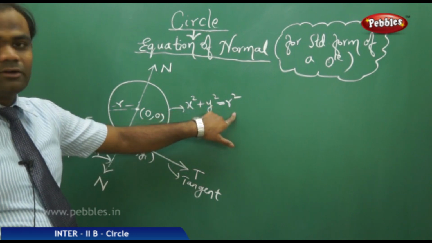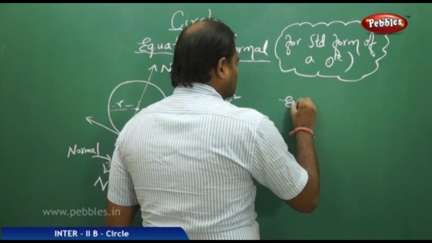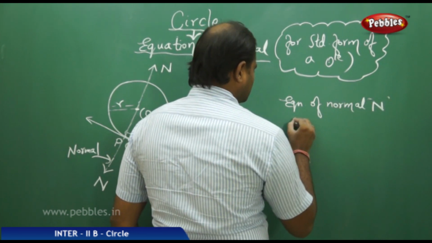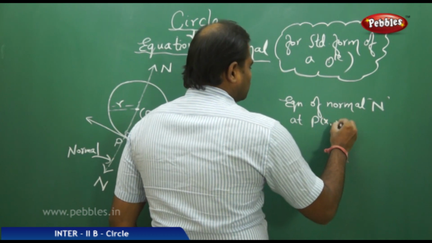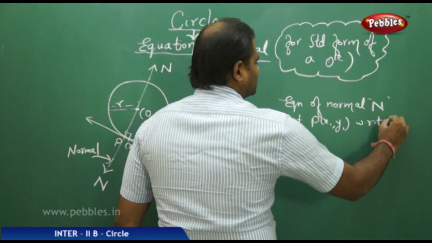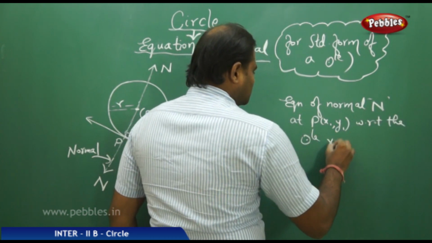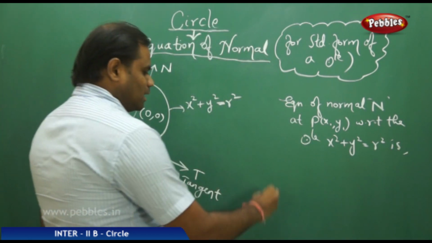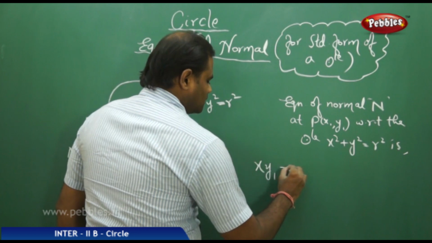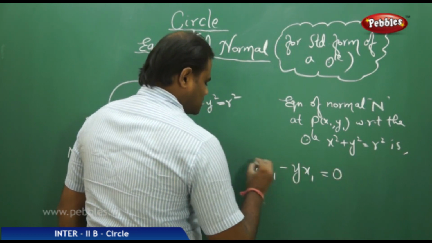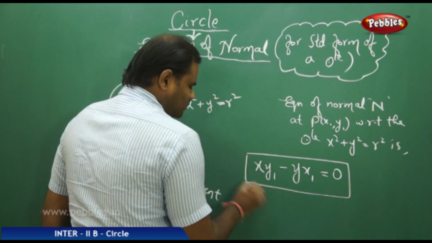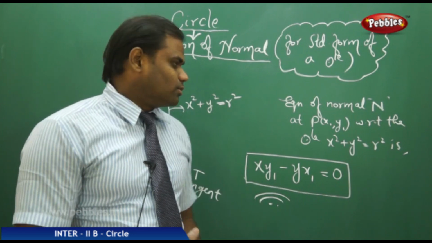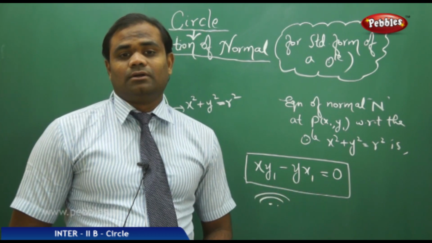So for a circle in standard form, the equation of normal at P(x1, y1) with respect to the circle x squared plus y squared equal to r squared is given by the formula x y1 minus y x1 equals 0, as we have from the standard form of the circle. x y1 minus y x1 equal to 0 is the equation of the normal.